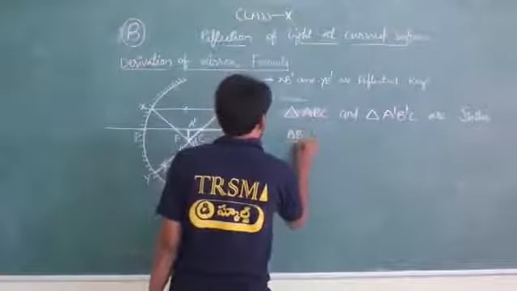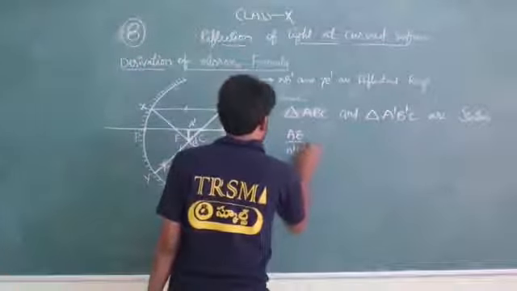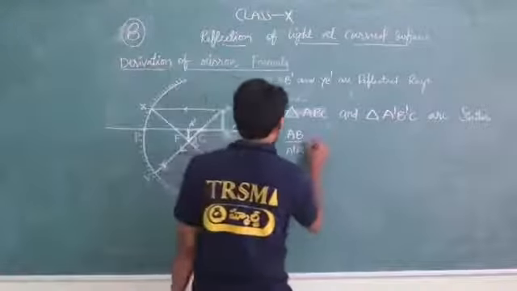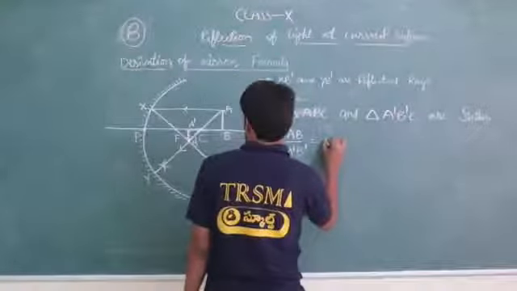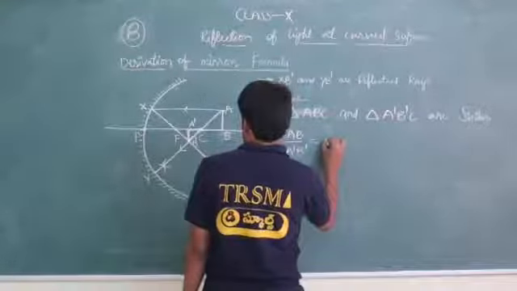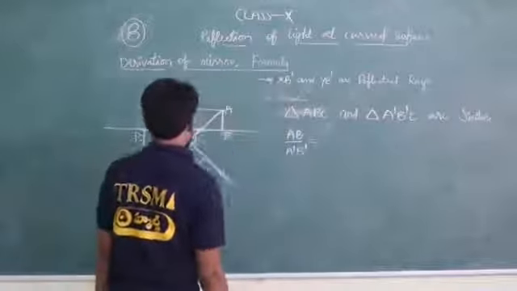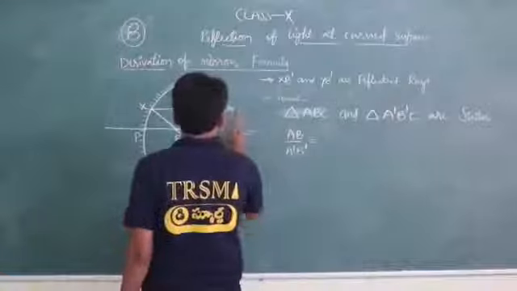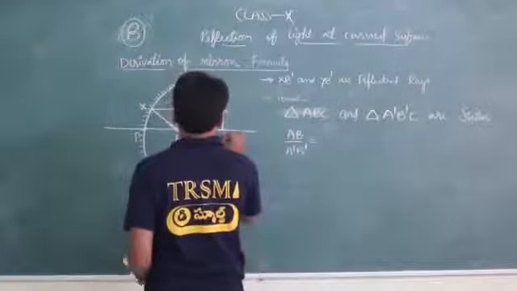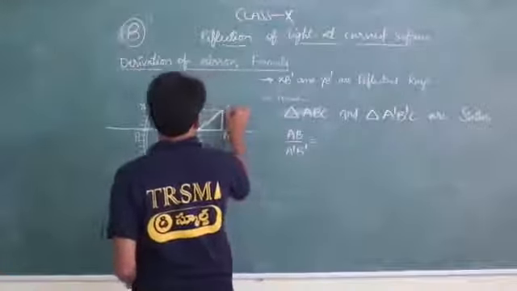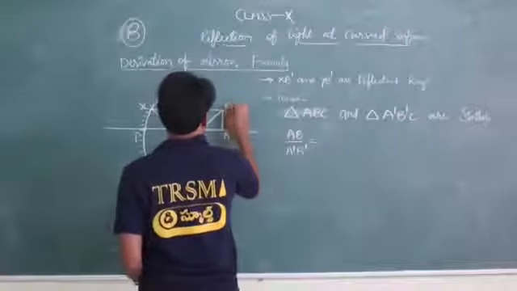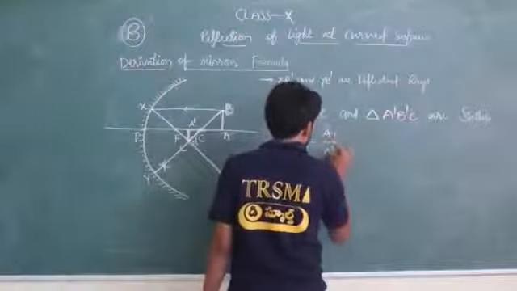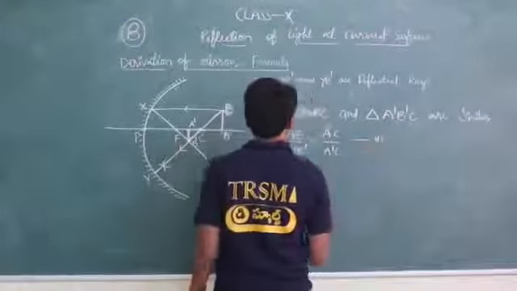From these two similar triangles, I am going to write AB by A dash B dash equals AC by A dash C. Say this is equation number 1.